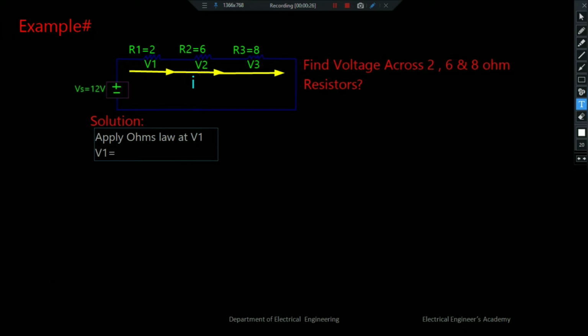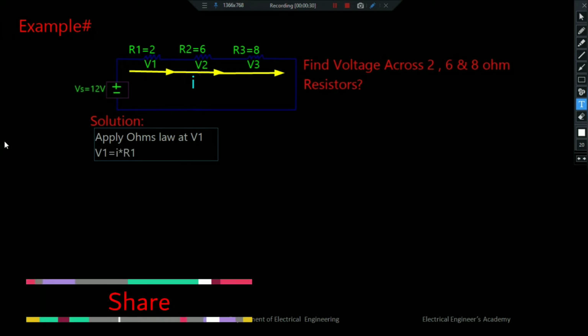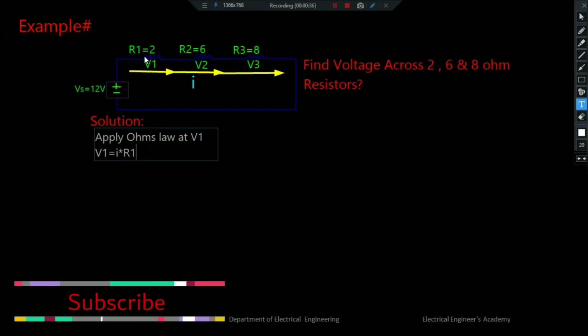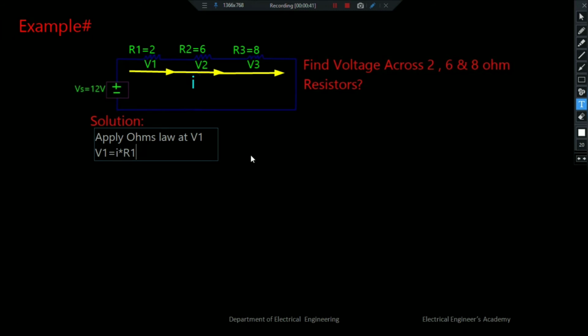So here V1 is equal to I into R1. We write R1 because across V1 volt there is a resistance which is equal to R1. Now students, here we don't know the value of I.